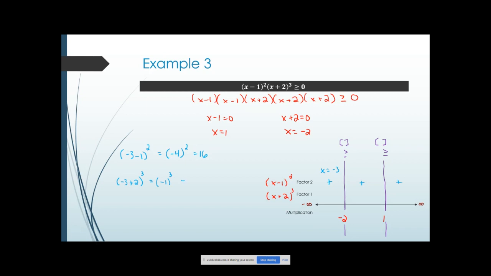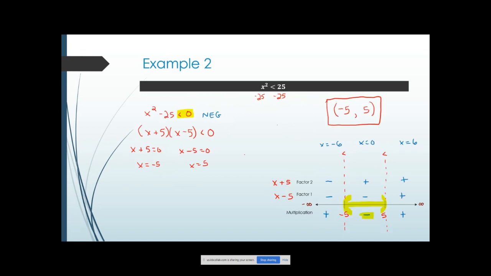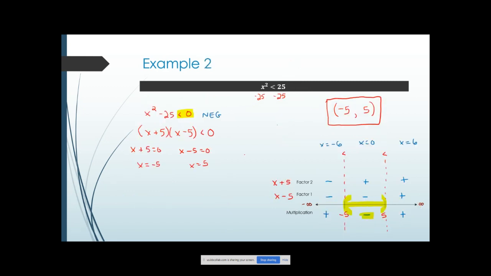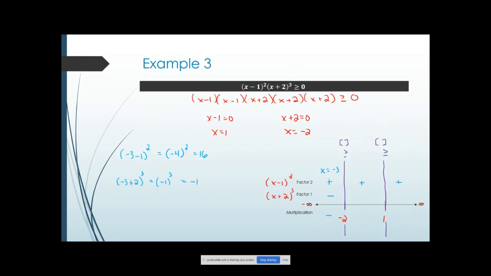So I'm going to get a -1 out. So that's a negative, because it's a negative with an odd power, you're going to get a negative. And then multiplying those, positive times a negative is a negative. So this is one example where, if I compare it to the previous two, we had a positive in that first section for the multiplication. And then here's one where I have a negative for the multiplication.